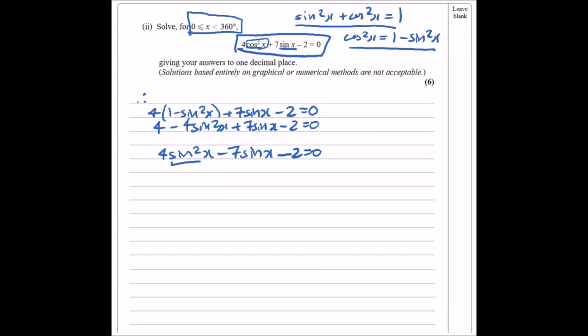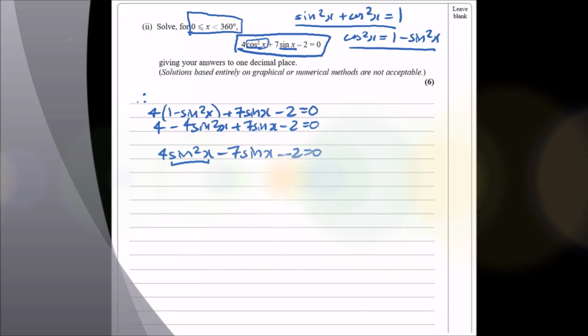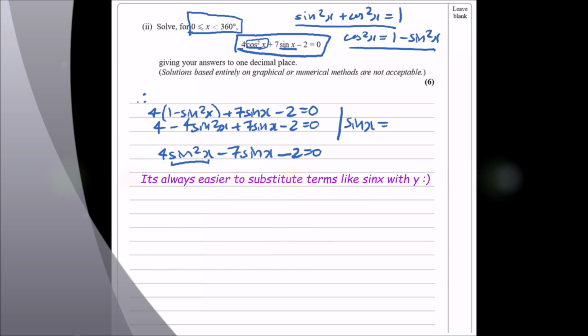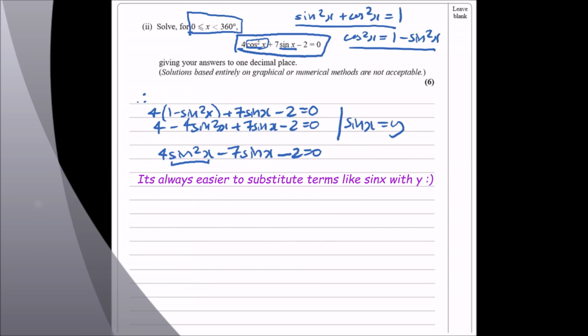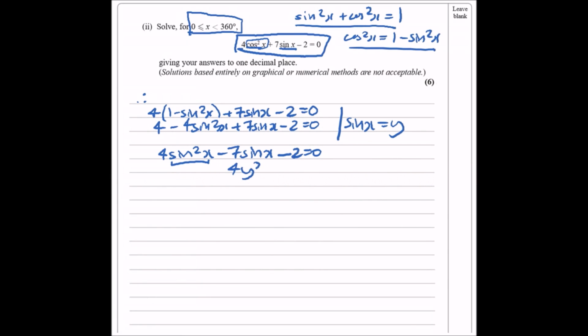So I would say firstly, let sine x equal y so we can see it clearly. So we're going to have, of course, 4y squared minus 7y minus 2 equals 0. So factorizing this, what do we have? First we have 4y here, we have a y there, sending this to 0. We just need to think. Of course we have 2, so 2 is a prime number, so we can only use 2 times 1 to get 2.